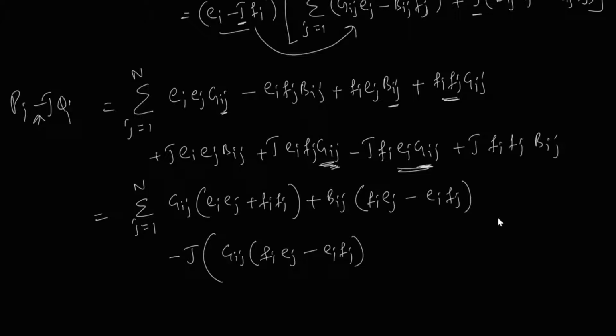Minus I have taken out, so plus Bij, because both are plus terms, so minus will be there. So Bij multiplied by Ei Ej, and this one is, minus taken out, minus Fi Fj.